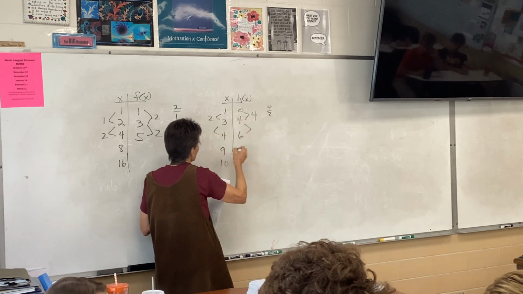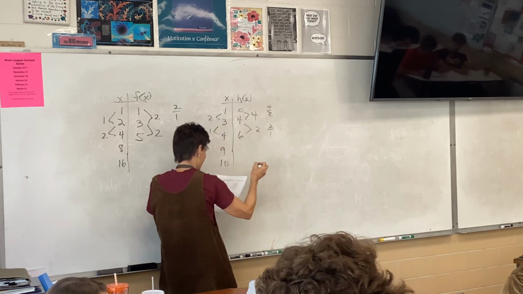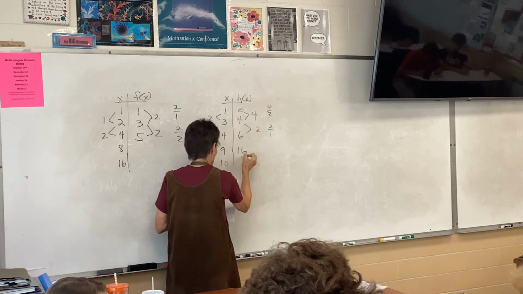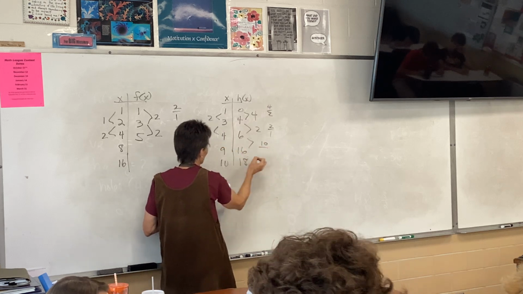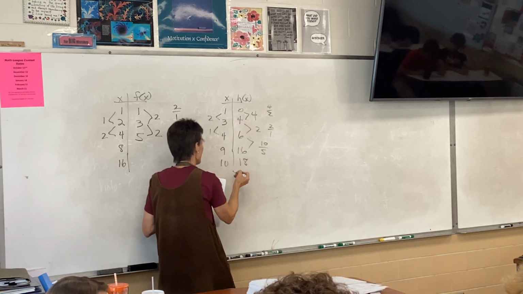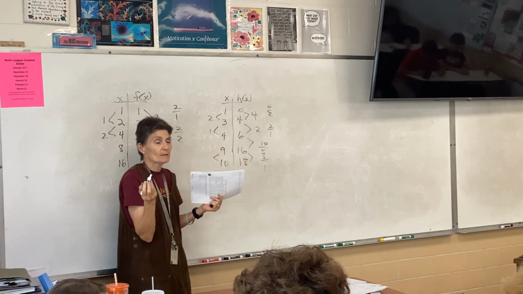How about here? Ooh, this looks promising. Let's keep going. All right, so this would be 10 over 5. Okay. And this would be 2 over 1. So what's my conclusion? Linear.